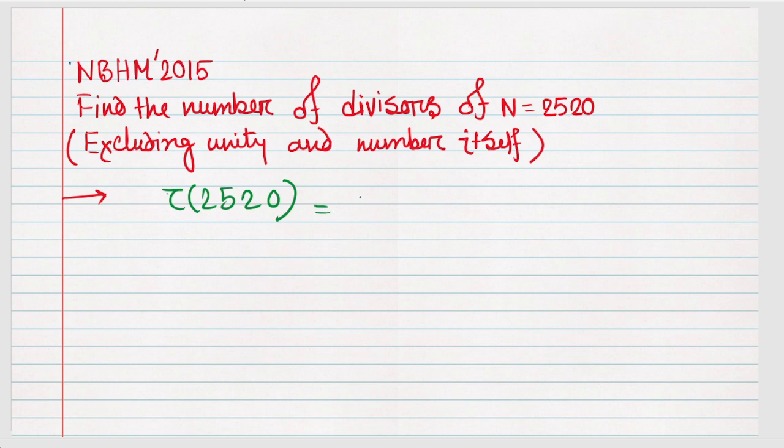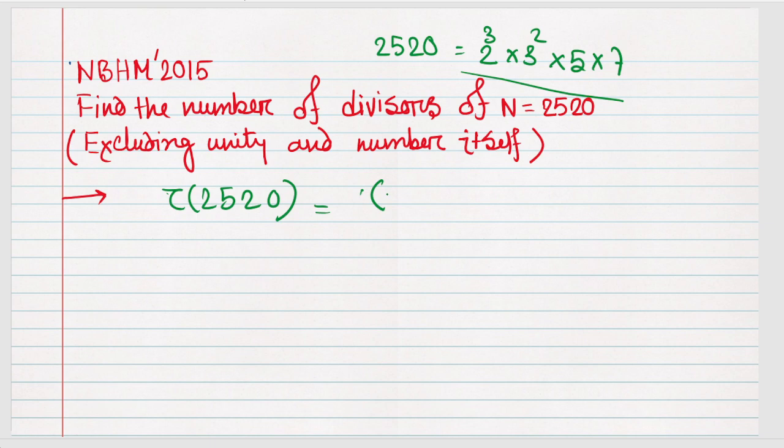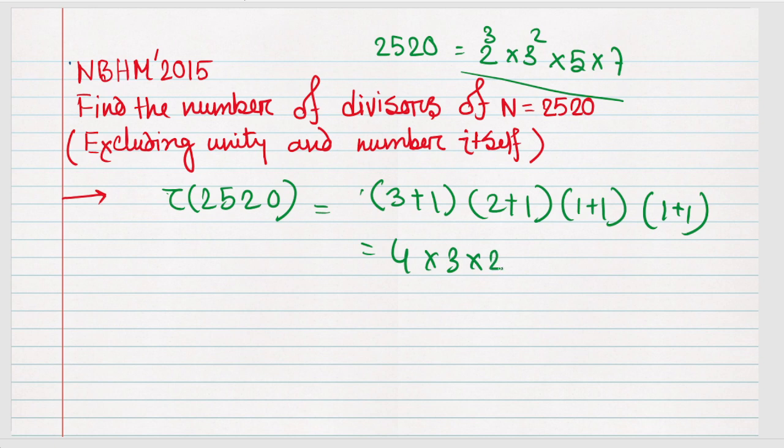I am writing it directly. 2520 has the prime factorization 2 cube into 3 square into 5 into 7, by the fundamental theorem of arithmetic. So tau of 2520 will be (3+1)(2+1)(1+1)(1+1), that is 4 into 3 into 2 into 2, which is 48. Now there are 48 divisors of 2520.